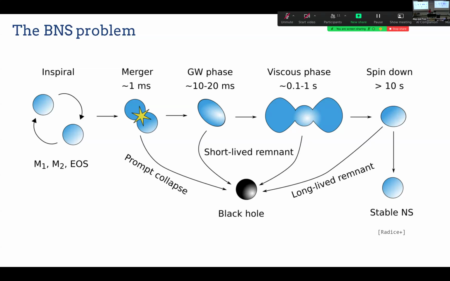If the sum of the masses is maybe equal or a little less than this reference mass, you would have a remnant neutron star forming, which is unstable. This remnant can be short-lived, or it can be long-lived, and at some point in the future it collapses to a black hole. It depends on various factors what actually happens. And then, of course, you can have the sum of the two masses much smaller than this mass, and there is then a possibility that the resulting object is just a stable neutron star with an accretion disk around it. These are the types of systems that we would like to study.